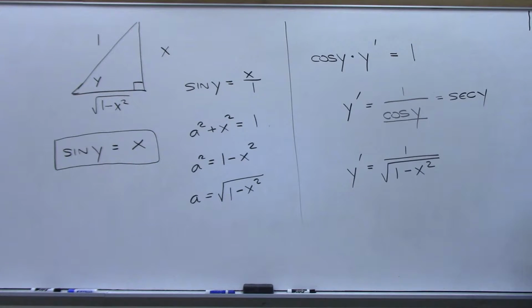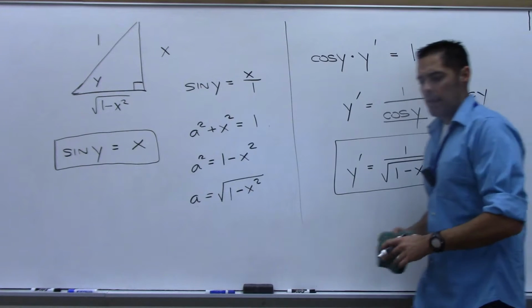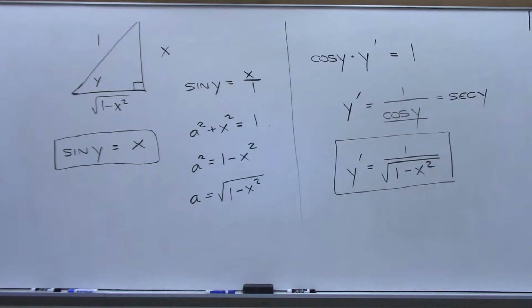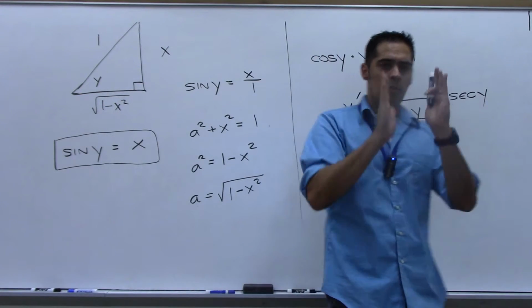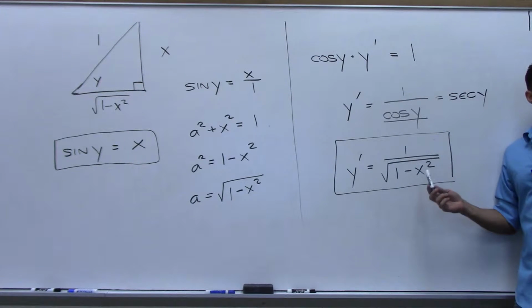That's it. That's the derivative. That is the slope of the tangent line. Can anyone see that as long as your x is in the window -1, 1, this derivative is always positive?